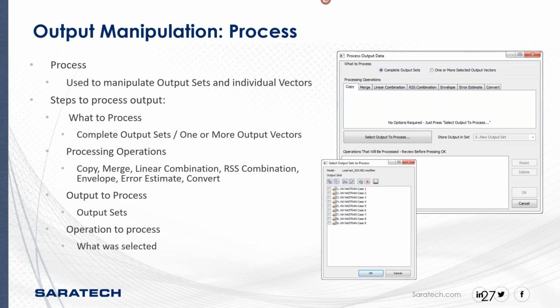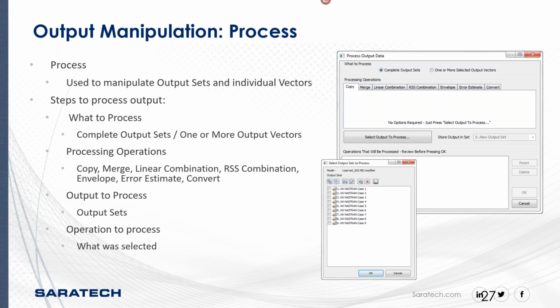Then you specify what operation you want to do to your output: linear combination, envelope, RSS, error estimate, convert, etc. Then you have some sort of output that you want to process. Maybe you're interested in just translation, stress, strain, etc. And then you specify which output you want to process. So case 1, case 2, case 3, case 4, etc.